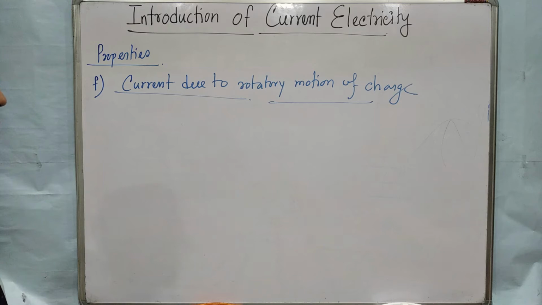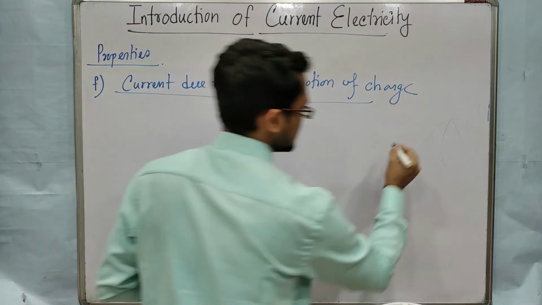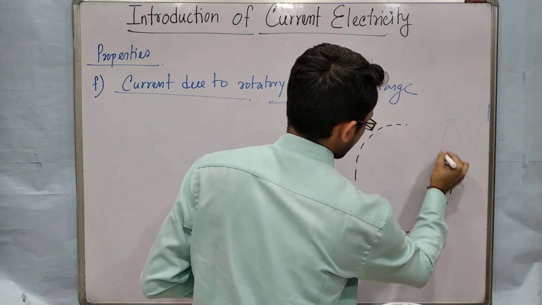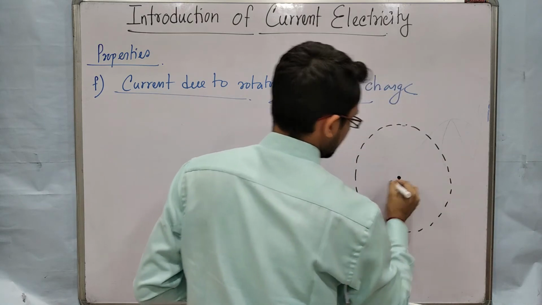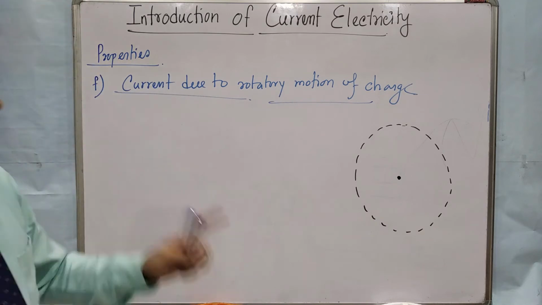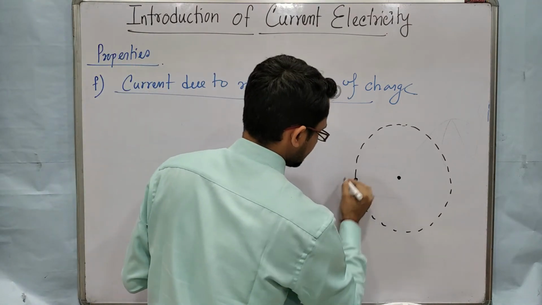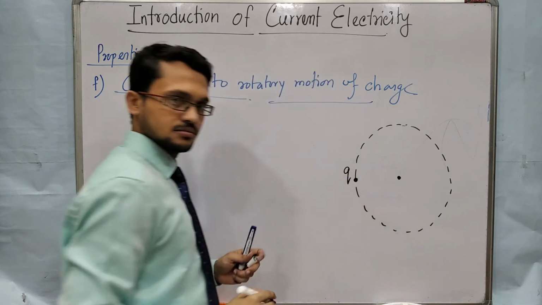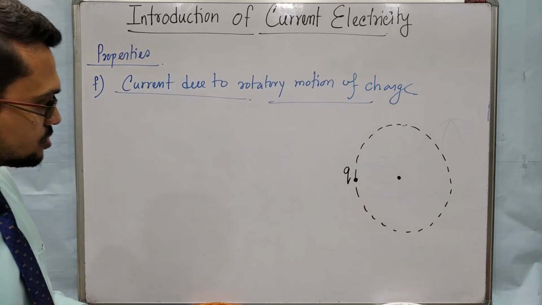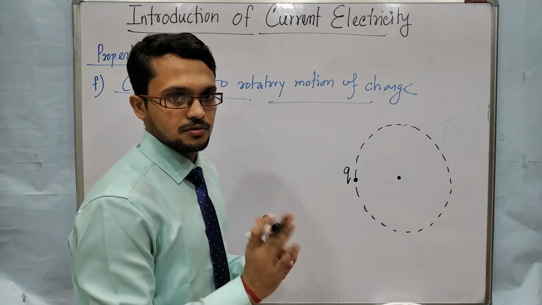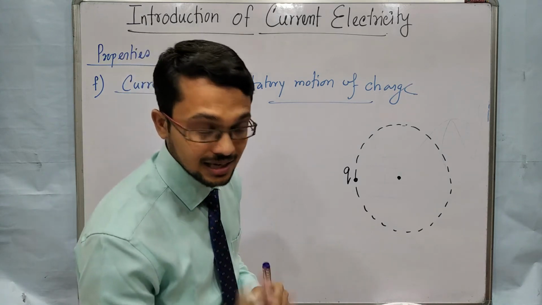So suppose this is the circular path, and in that circular path charge is rotating. Suppose this is the charge Q. Current means rate of flow of charge through any cross sectional area.